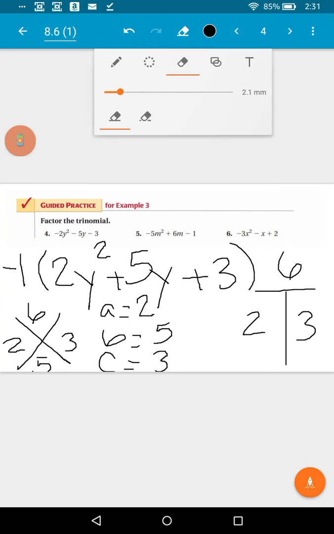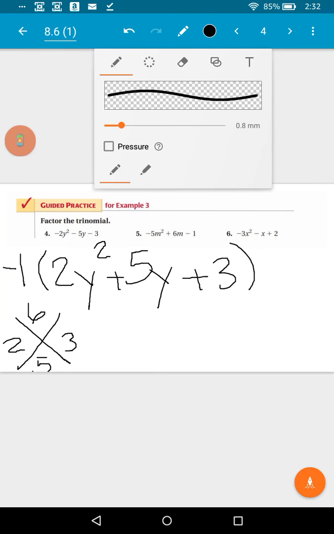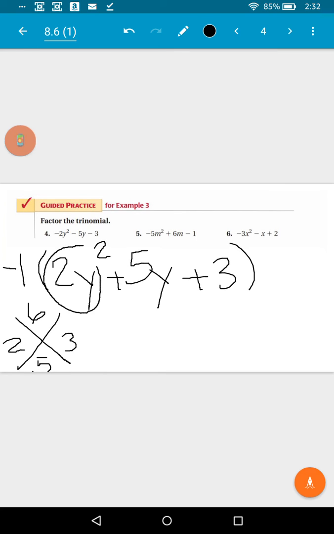Let me erase a few things so I can make room over here. So I need to box in that leading term, 2y and 2y. Okay, let's make our binomials.